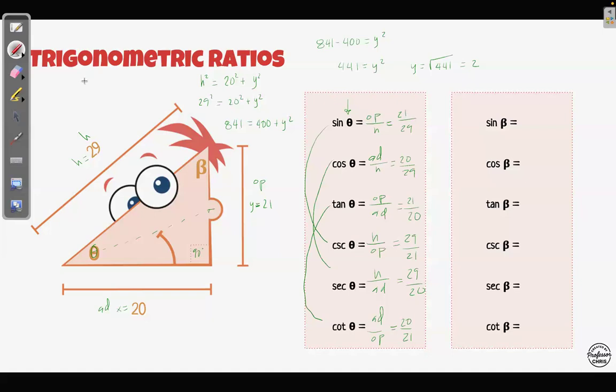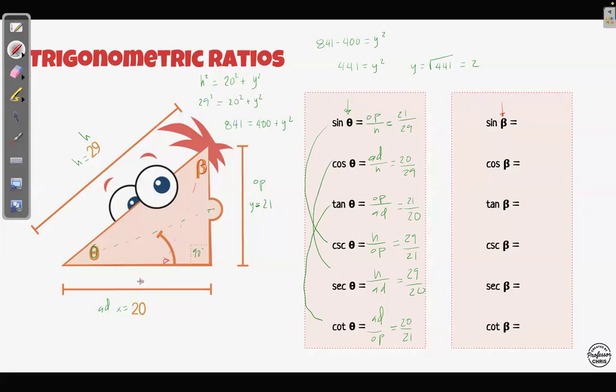Now, we're going to do something slightly different here. Since we want to find sine, still the opposite over hypotenuse, but based on beta, the position of angle beta. So which side is right in front of beta?